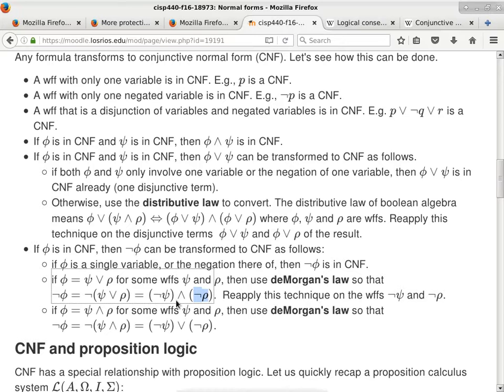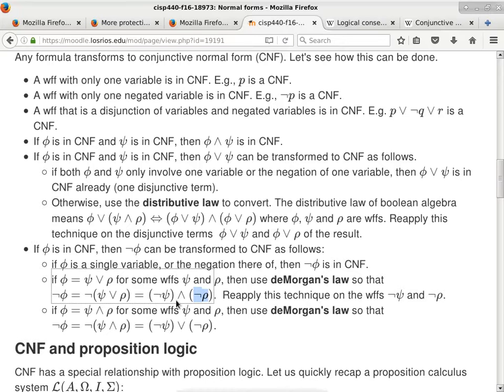The next question is, what if psi is a CNF and the negation of that doesn't fall into the easy cases? Reapply this rule. That's the whole point: reapply this rule until you boil everything down to CNF.